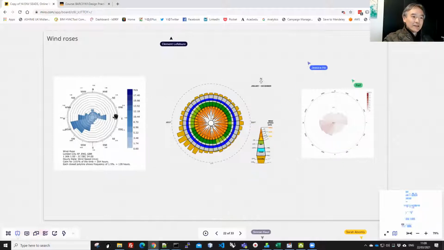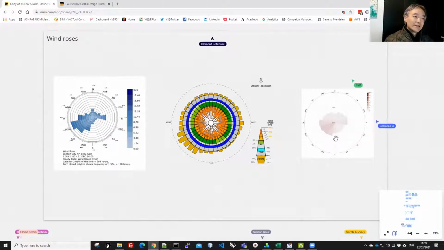Because these two charts, the original weather data, are exactly the same. The only difference is how the chart is plotted, right? So this actually tells us the way you present data visually has a big impact on what information your audience is getting. So that's what we are going to talk about today.